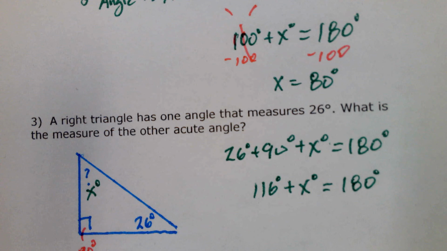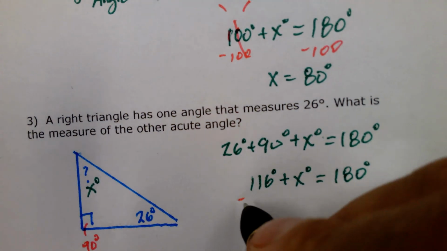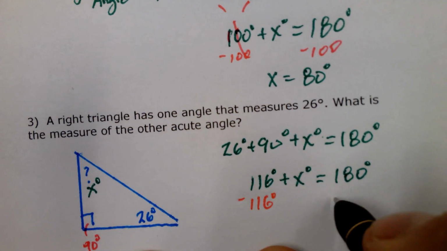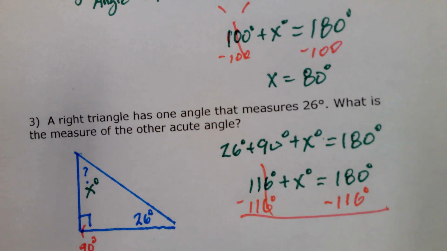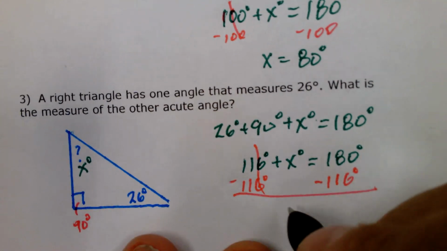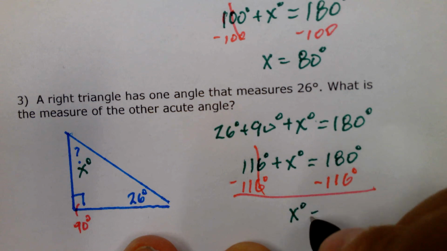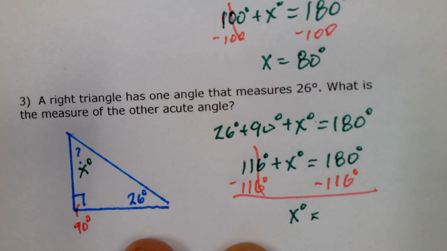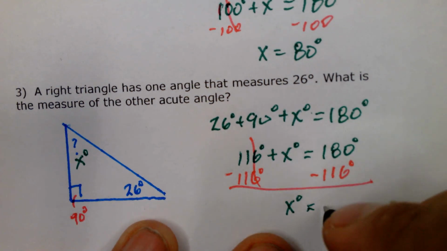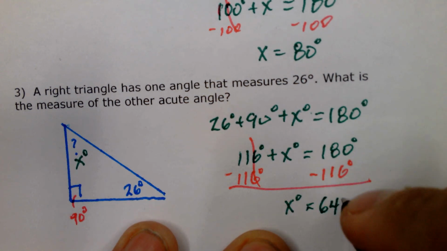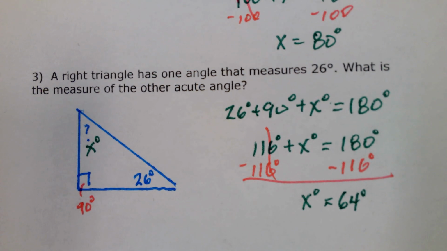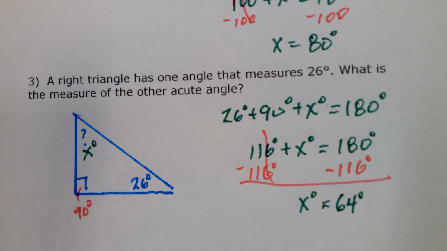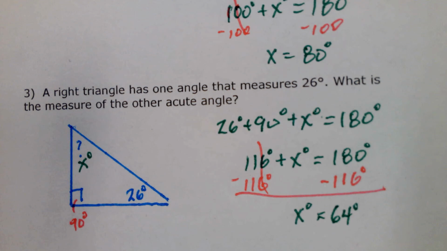Okay. And let's subtract away the 116. Well, I'll say 64 probably, right? 64. I know what you meant though. It was 64. So our missing other angle is 64 degrees. Okay.